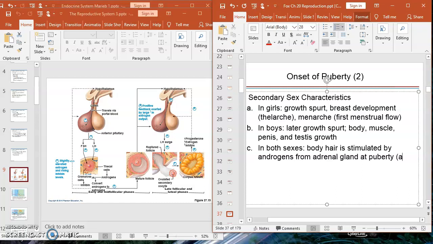This term adrenarchy, where the term is coming from, that the androgens are being secreted by the adrenal gland, the zona reticularis, and that seems to give the hair pattern that you would see in both sexes in the genitalia area.